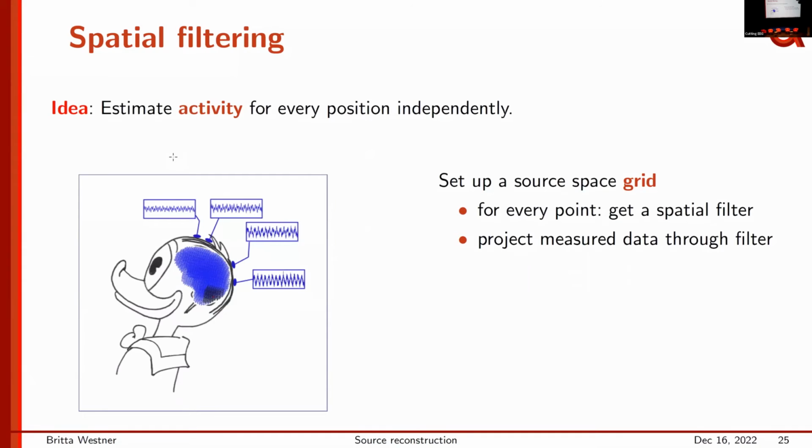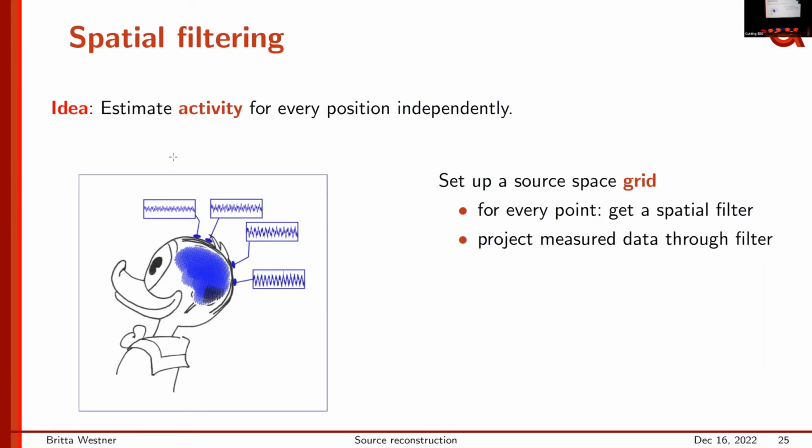So for Donald, we place this grid into his head. And now we want to construct for each of those many, many grid points a filter that gives us the relation between those 4 electrodes and this point, and defines how much relative contribution of each of those 4 electrodes we have at one particular grid point.